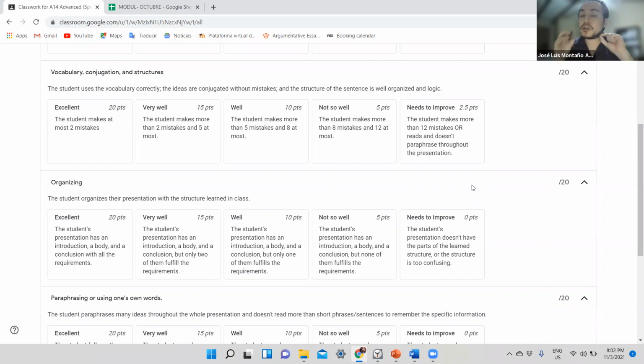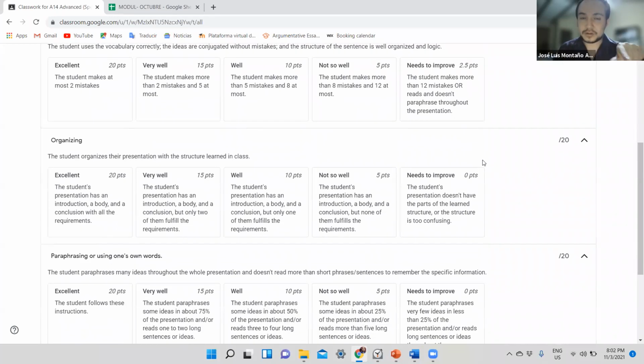So you need to show me that besides reading, you are actually understanding, and you are capable of using your own words to restate that idea and to show the others that you are not just capable of explaining it, but you are aware of what you're saying. Sometimes you read, but you don't remember what you said, all right? So it's very important to do it.